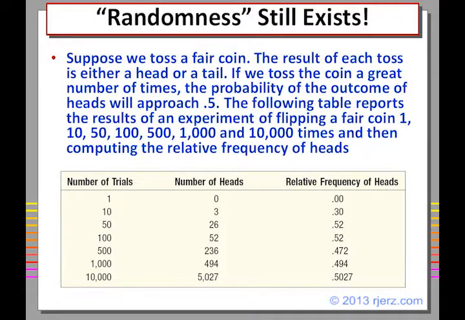Notice that it approaches 0.5. As you might see, since we know something about this experiment, we don't have to toss a coin 1,000 times to know that the probability of a head is 0.5. That's what we can calculate using the classical probability approach.